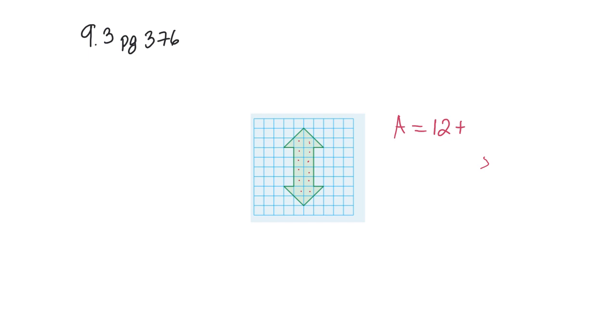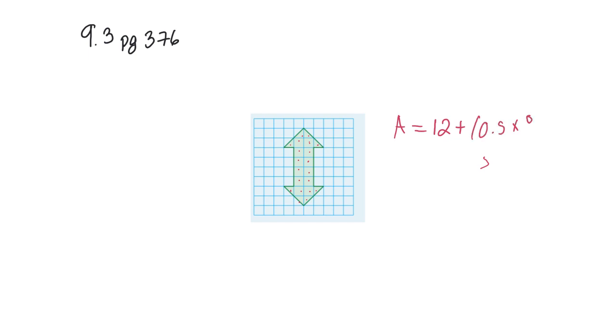Plus, how many half squares do we have? Right? So we have 1, 2, 3, 4, 5, 6, 7, 8 half squares.